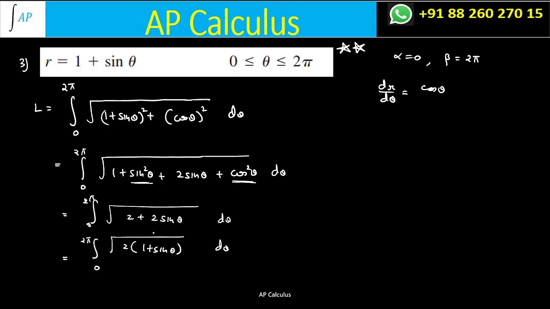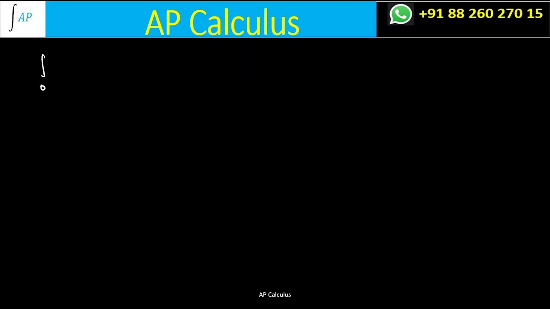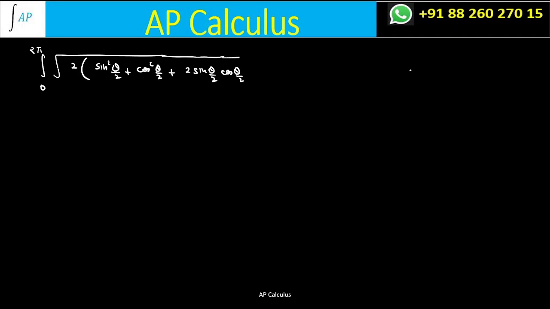That's really interesting. So we will keep this 2 as it is. Now 1 plus sin theta: we can write 1 as sin square theta by 2 plus cos square theta by 2, and sin theta can be written as 2 sin theta by 2 cos theta by 2, because we have one identity in sin 2 theta, it's 2 sin theta cosine theta.